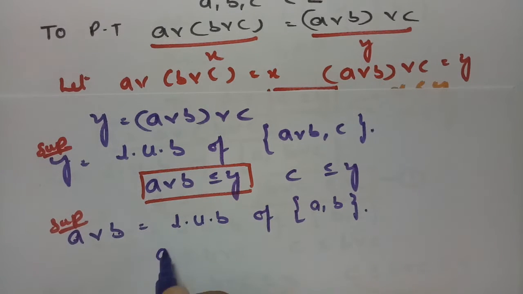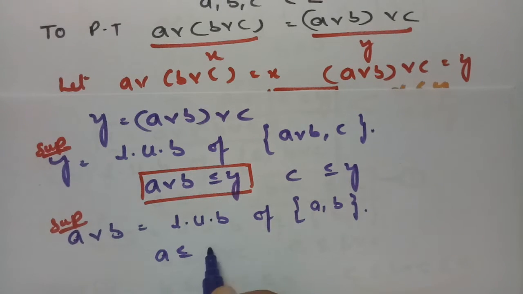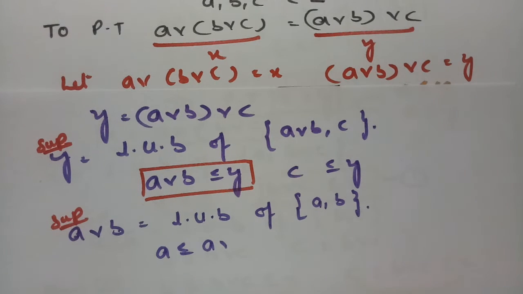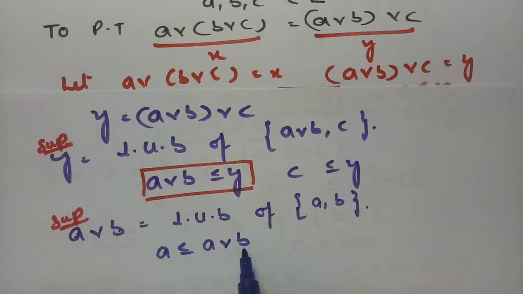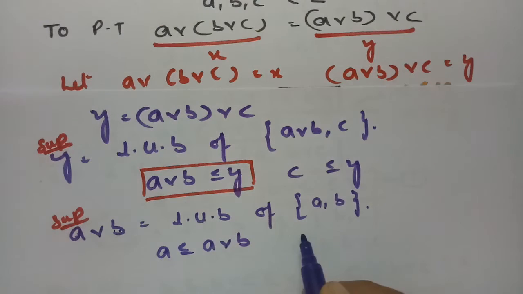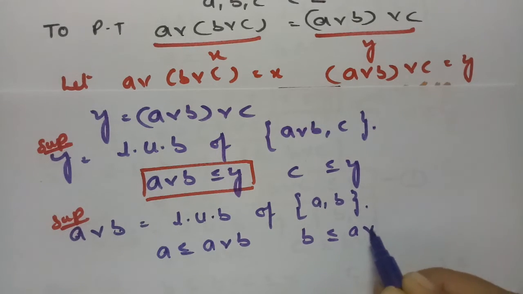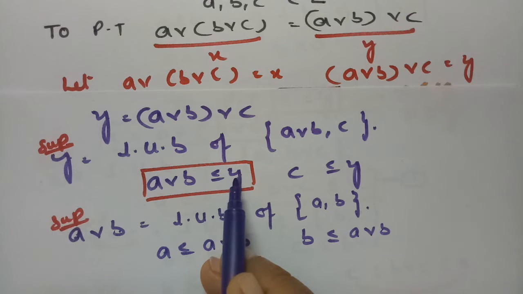So the relation will be A less than or equal to the supremum value, which is A join B. And for B also, the supremum value will be A join B. And if you observe, I have a connection here.